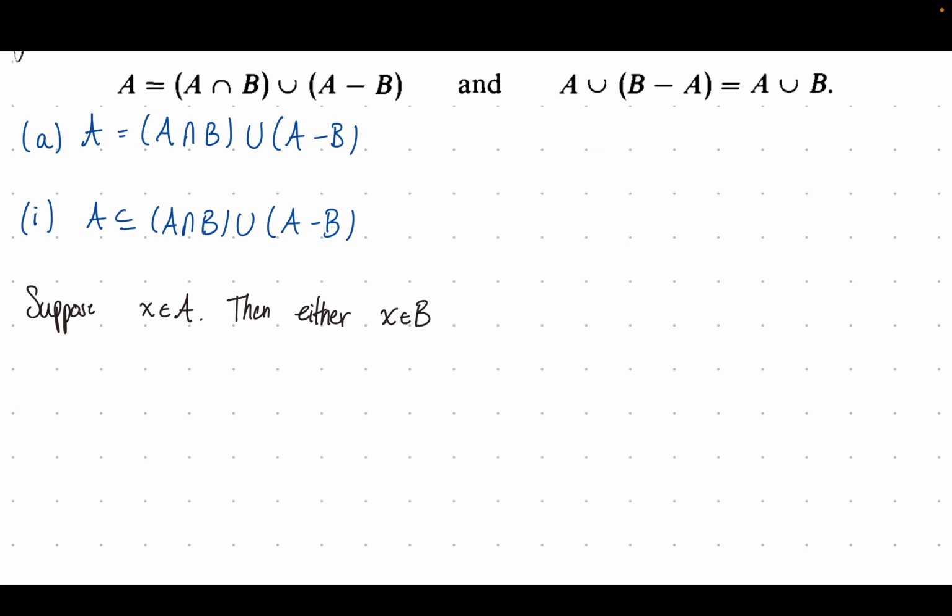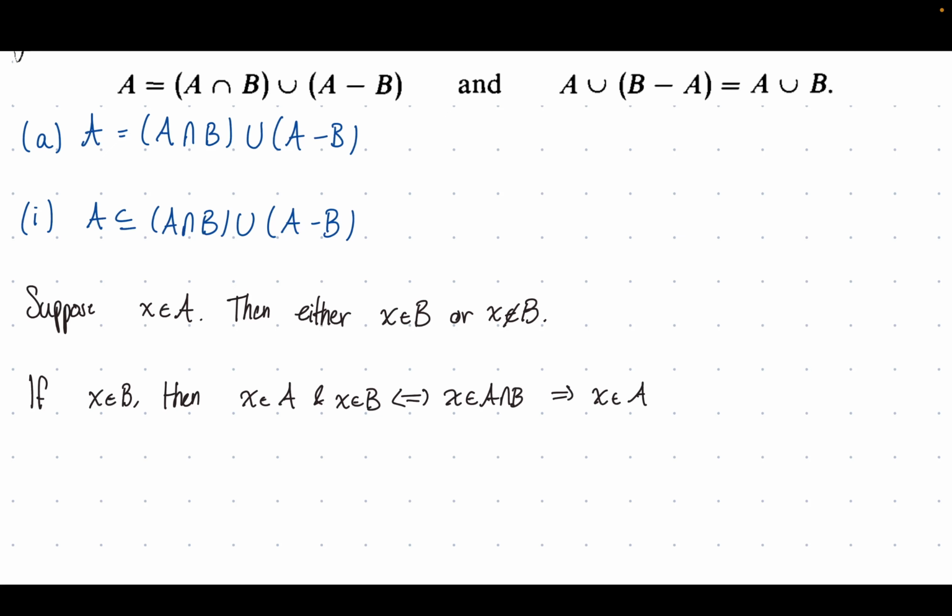Then either X is in B or X is not in B. So if X is in B, then X is in A and X is in B, which is equivalent to saying that X is in the intersection of A and B. Then this implies, of course, that X is in A intersect B union A minus B.